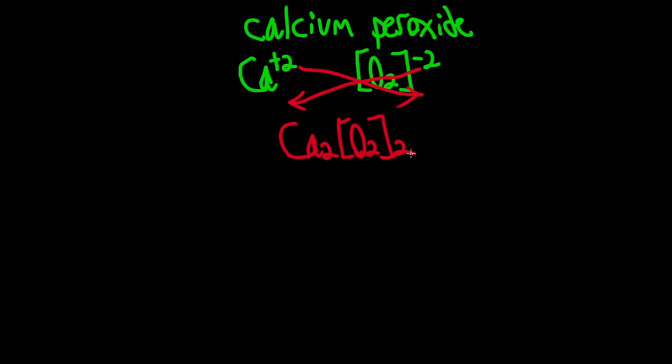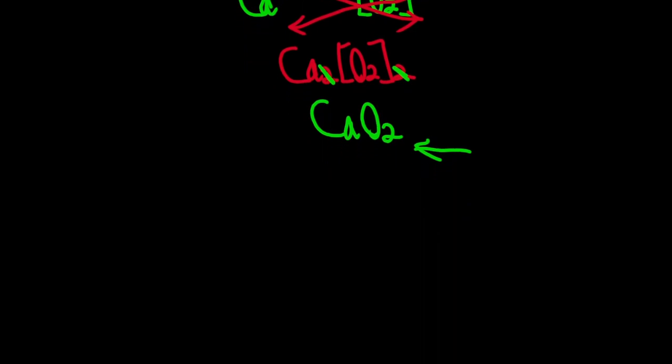Now, in this case, I can cross these out, reduce them down, and I get CaO2. And I'm fine with that because I still have this O2 in the formula that's able to tell me at 3 in the morning, hey, this is a peroxide. Okay, don't add water to it. You're going to get heat, caustic solution, and the release of oxygen. So that's why I leave that there.